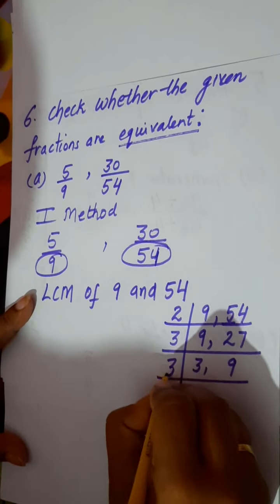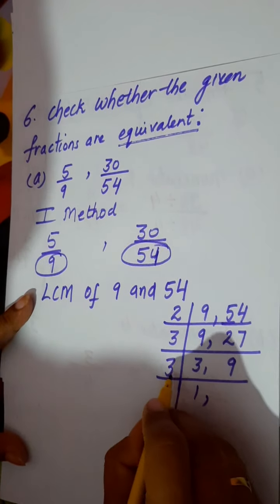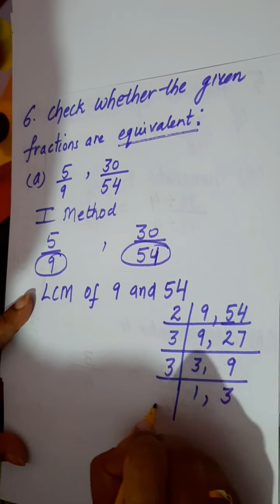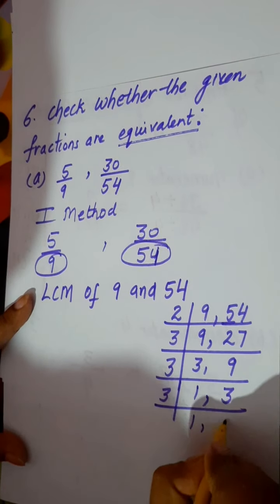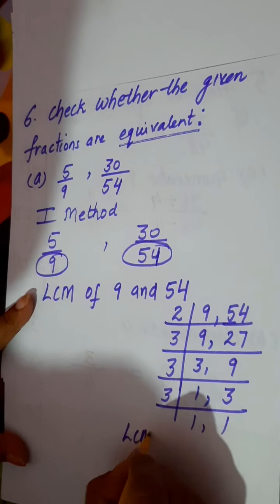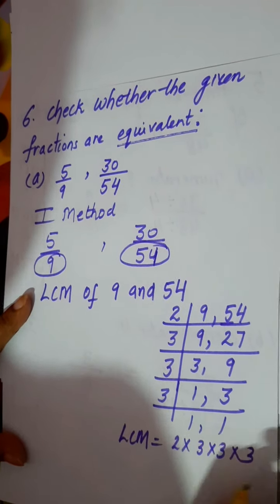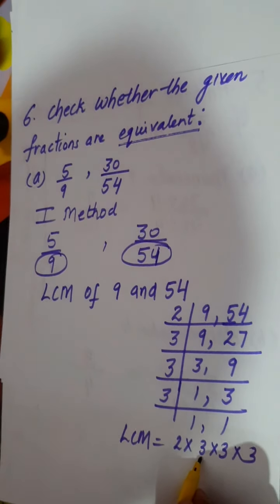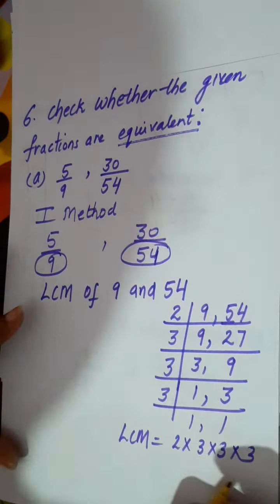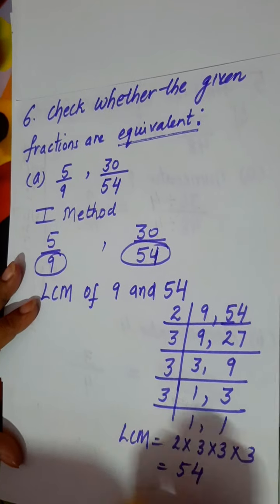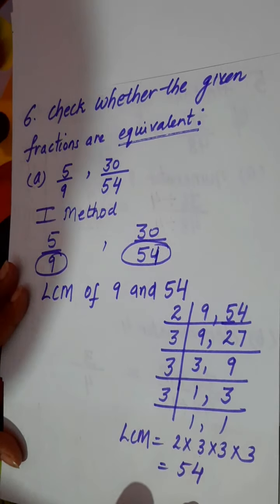Again I will write 3. 3 ones are 3. Here 3 threes are 9. So my LCM is 2 into 3 into 3 into 3. 2 threes are 6. 6 threes are 18. 18 threes are 54. So the LCM is 54.